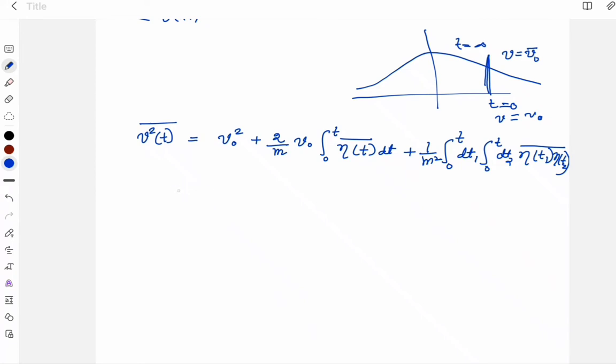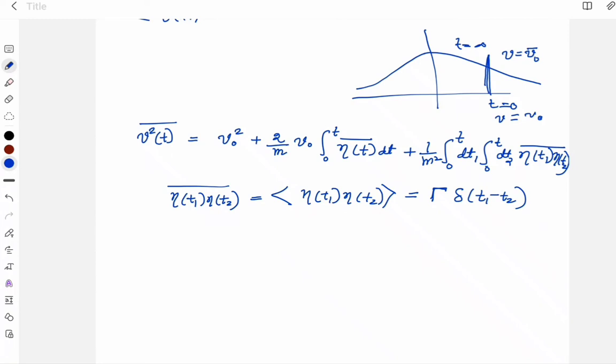So we can immediately say that this correlation, the average over all realizations, is nothing but some strength times a delta function in time, because we are saying that at t1 equal to t2 they are related, and apart from that they are unrelated.